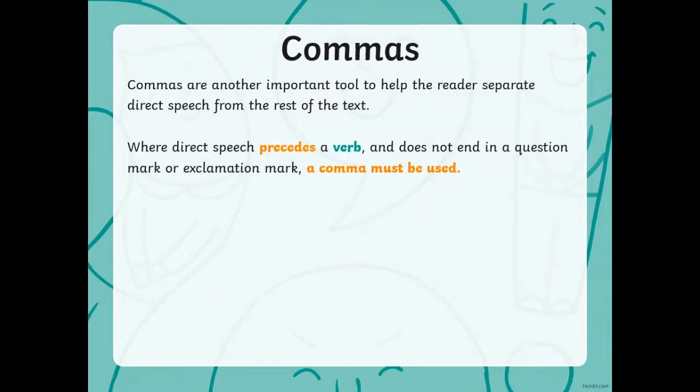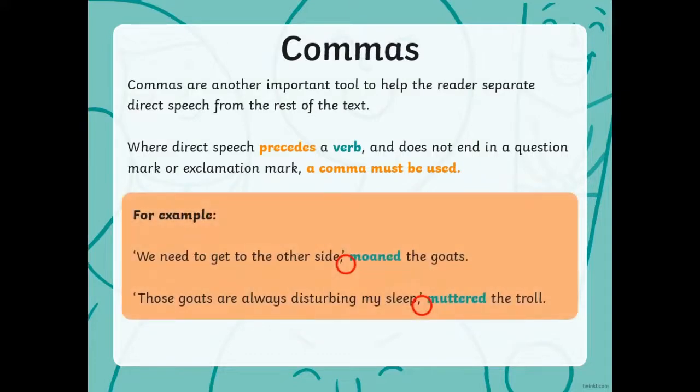Now, commas are another important tool that we use to help the reader understand direct speech and where it is in regards to the rest of the text. Where direct speech precedes a verb, that means comes before a verb, like shouted or said or replied, and it does not end in a question mark or an exclamation mark, a comma must be used.